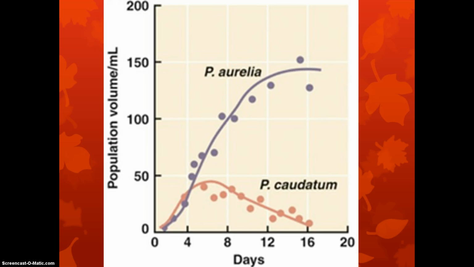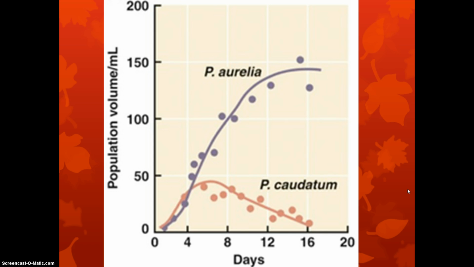And if you look, both species are growing exponentially up until around day 4 or 5. At that time, Paramecium caudatum will hit its peak right around day 6 or so, and then start to decline. At the same time, Paramecium aurelia continues to grow exponentially up until about day 15.